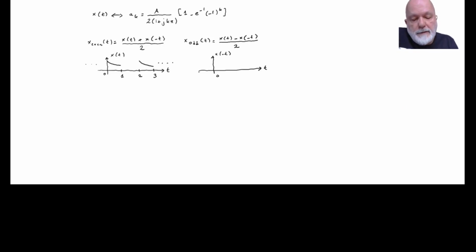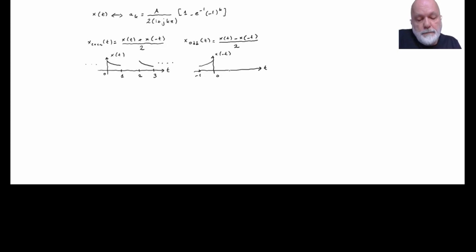So we have here the signal over the interval from minus 1 to 0. It is this. Remember that we obtain x of minus t from x of t by means of a reflection with respect to the vertical axis.